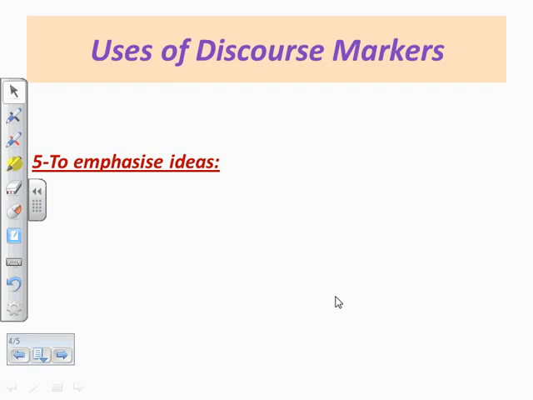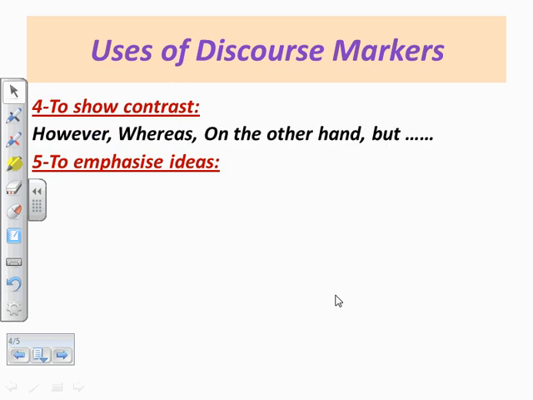Uses of discourse markers. To show contrast. However, contrast or contrasting ideas, or contradictions, whatever. However, whereas, on the other hand, but, and so on. To emphasize ideas, to stress ideas, like what?